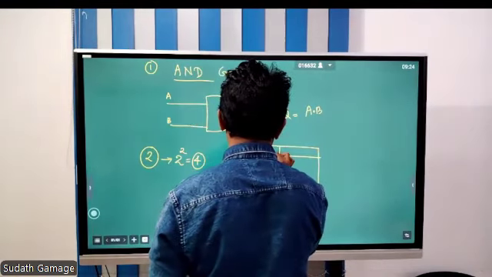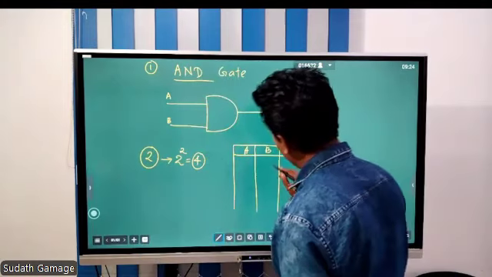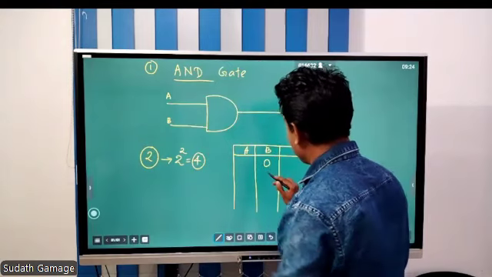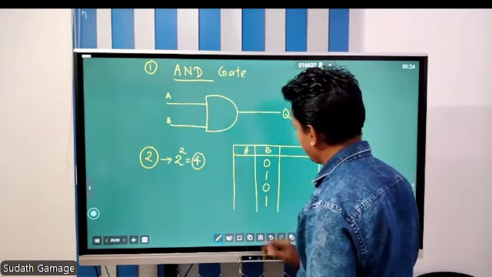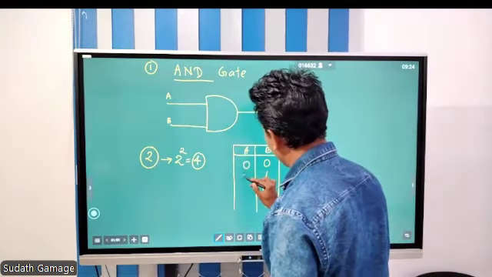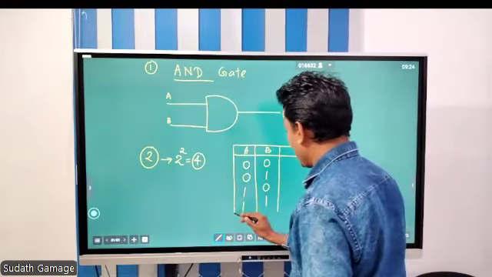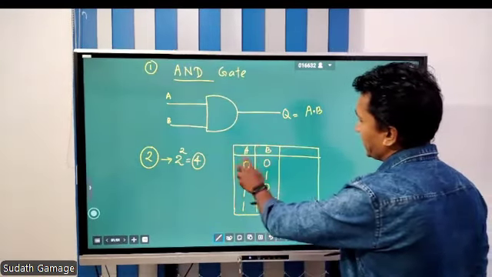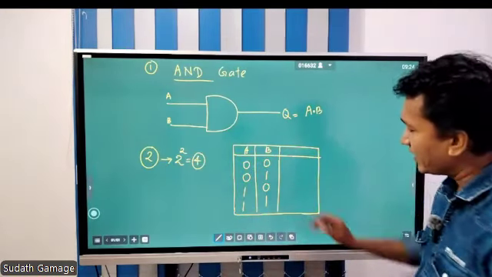This is input A, this is input B. Now what are the combinations here? There can be 4 combinations. 0, 1, 0, 1. 0, 0, 1, 1. මේ වගේ combinations හොයන විදිහ මම පස්සේ ආයේ කියලා දෙන්නම්.